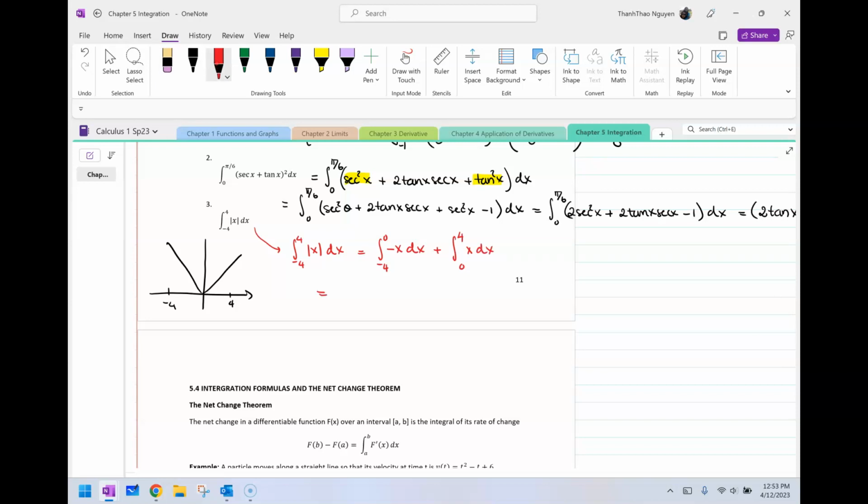So this equals negative 1/2 x squared evaluated from negative 4 to 0 plus 1/2 x squared evaluated from 0 to 4, and that equals 16.